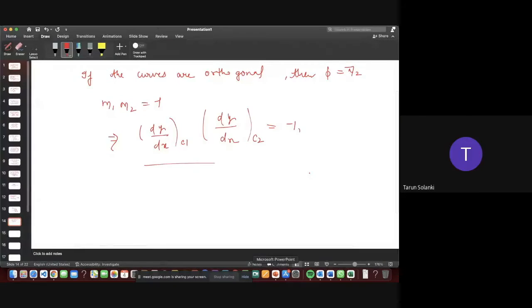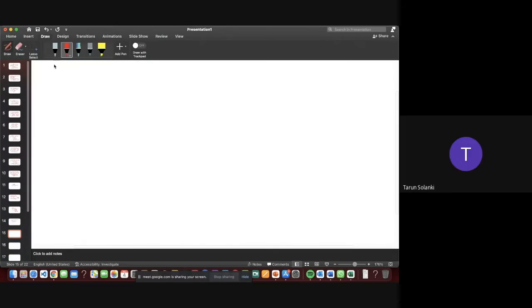Okay, so now let's look at examples. The angle of intersection between curves y is equal to x and y square is equal to 4x at (4, 4).